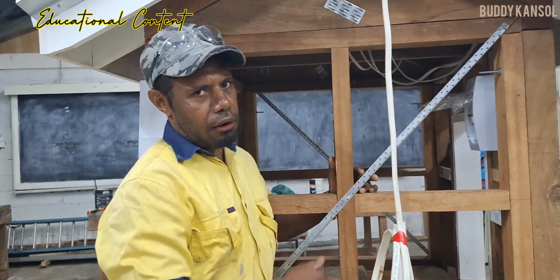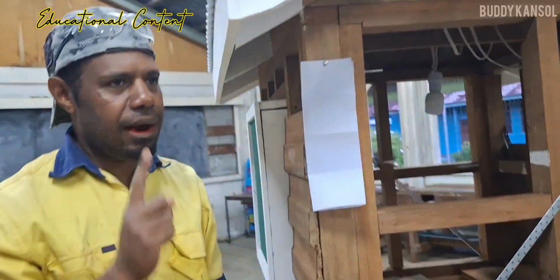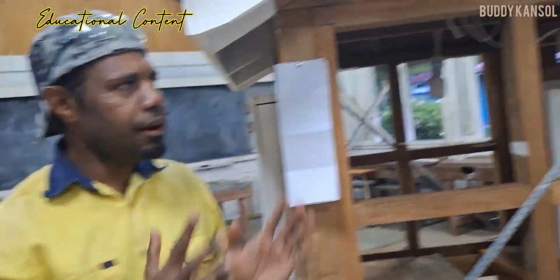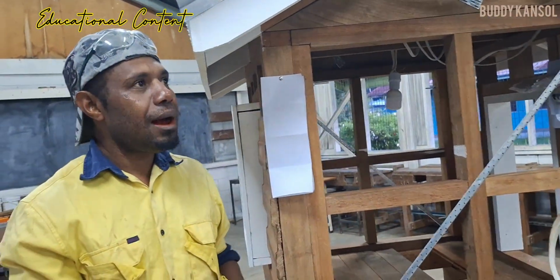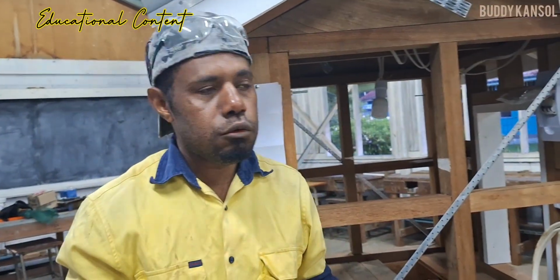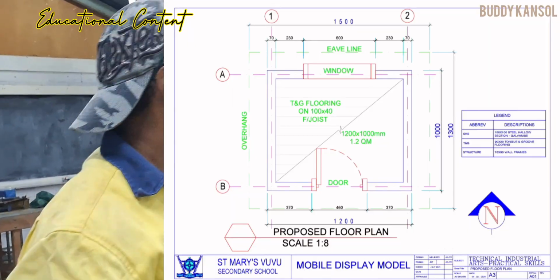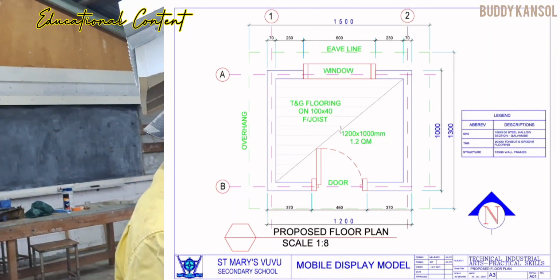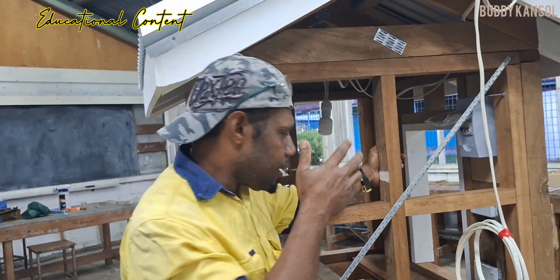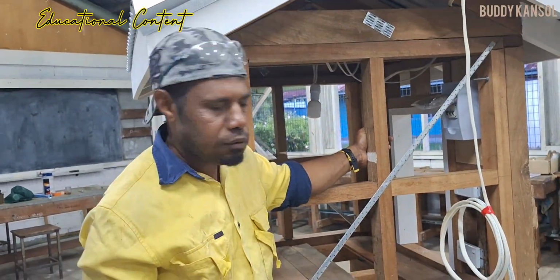Under engineering technology, before we started constructing the house, I asked them to draw up a plan for this model. So the students drew up the plan before we started the construction.